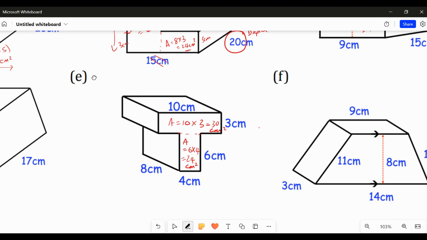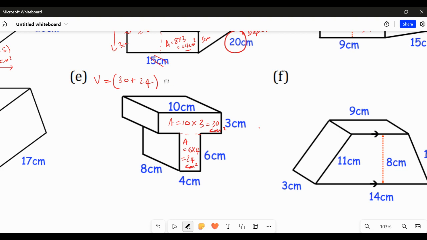Okay, so volume is equal to area multiplied by depth. And so that'll come to 30 plus 24 multiplied by depth. The depth is going to be 8.